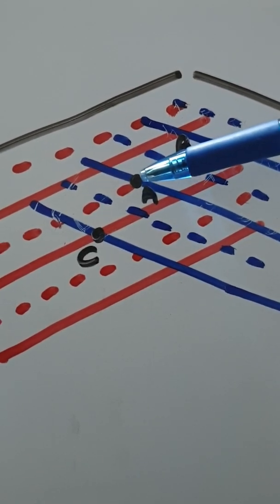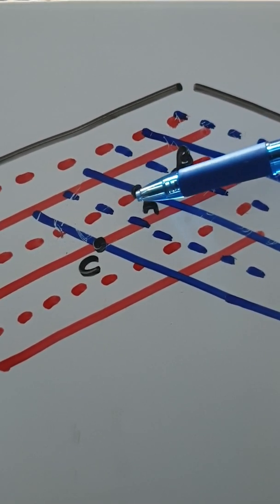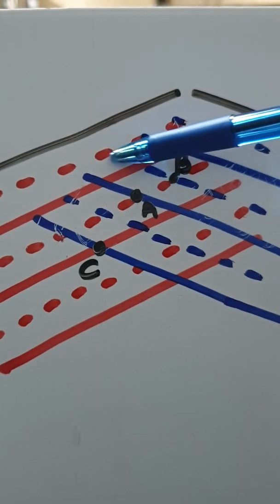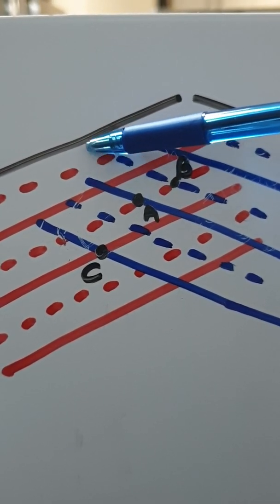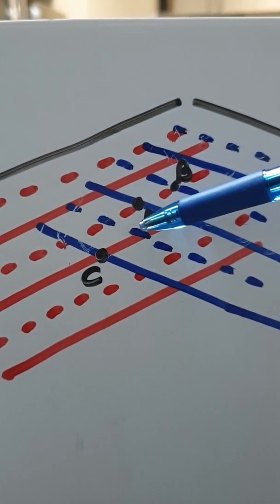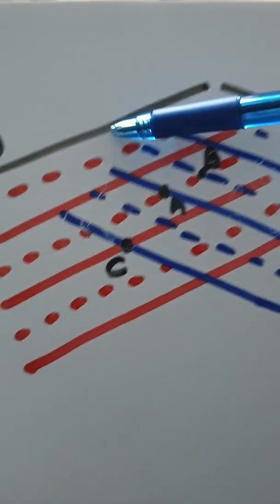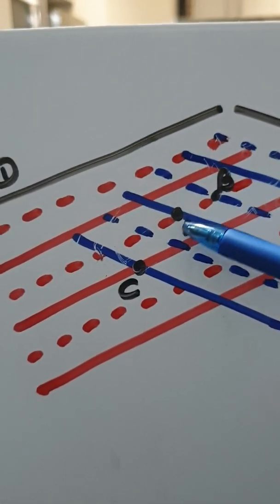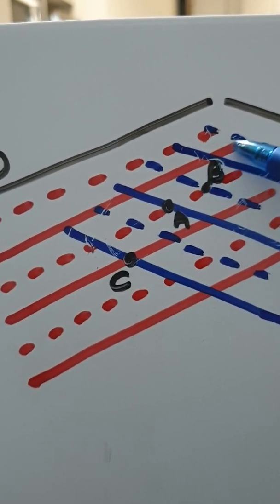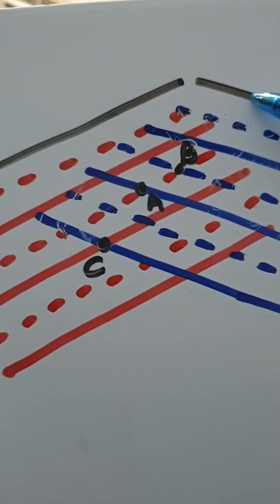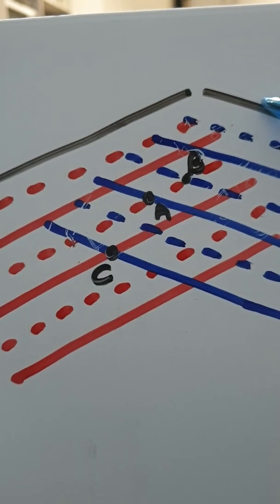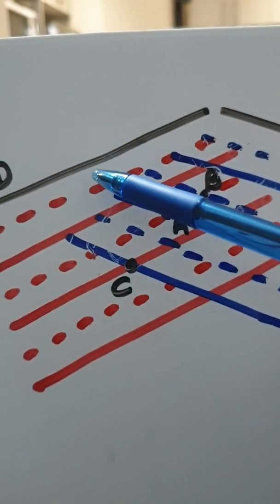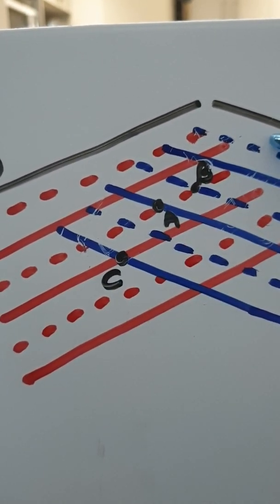So this is A. From here to here is one wavelength, and then from there to there is a half. So A is 1.5 wavelengths from generator 1, the red ones, and A is 2 wavelengths from generator 2. So 1.5 from 1 and 2 wavelengths from 2.